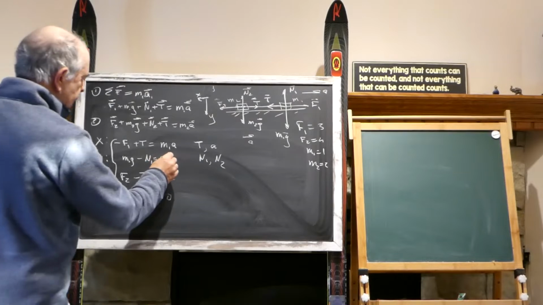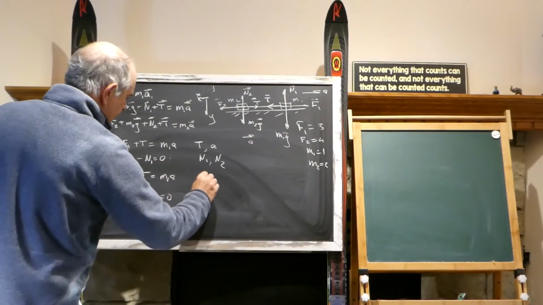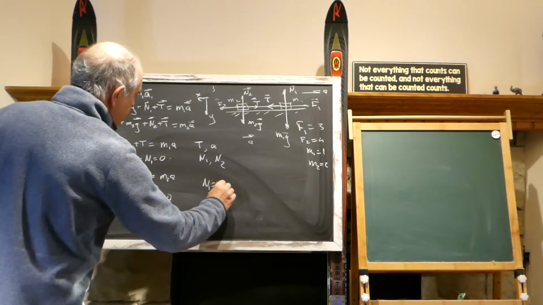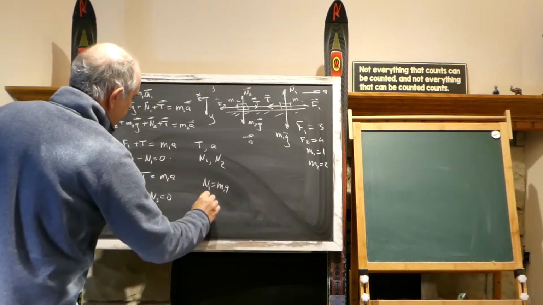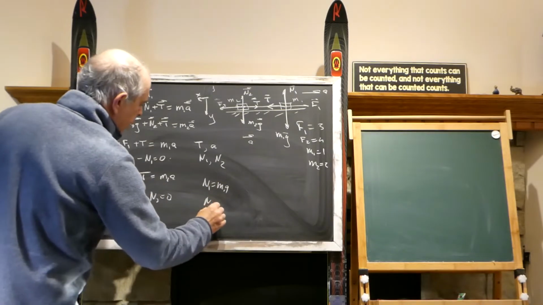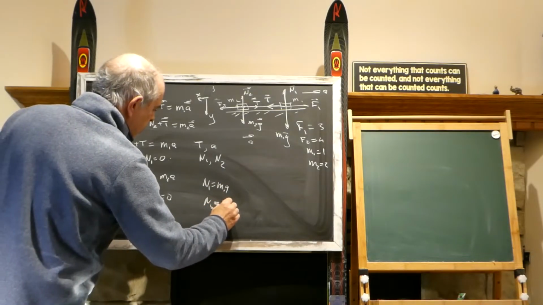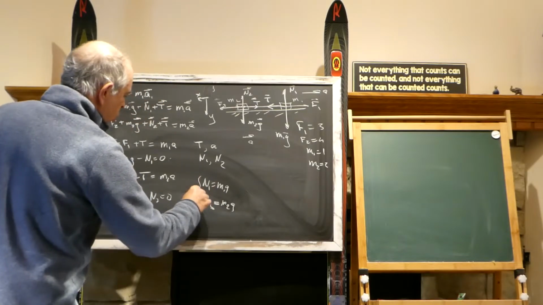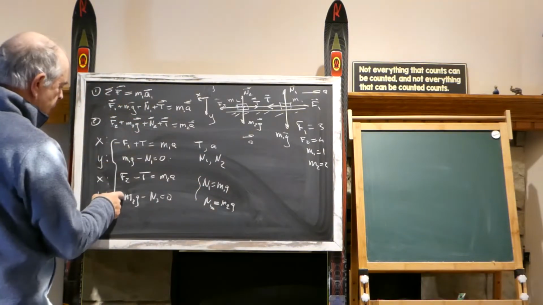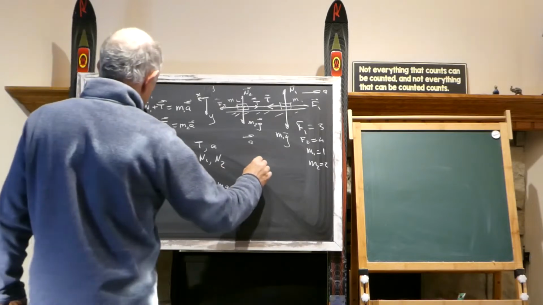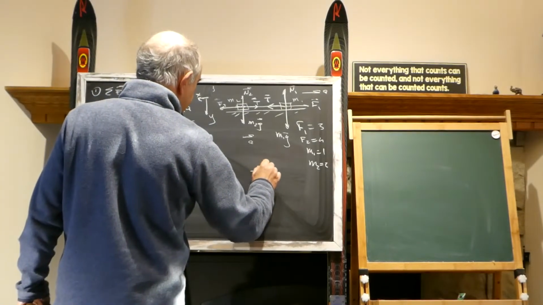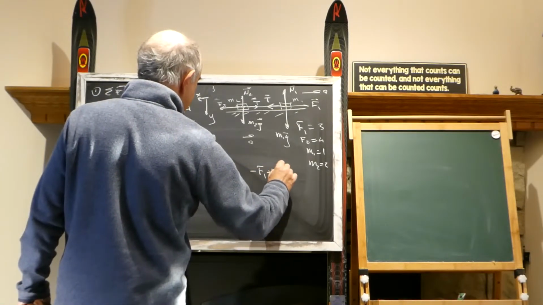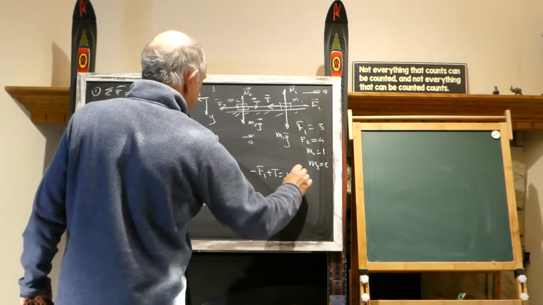We can immediately exclude these. We can say N1 equals M1G, and N2 equals M2G. And that's very good. And so we have only 2 equations. Let's write them again: minus F1 plus T equals M1A.